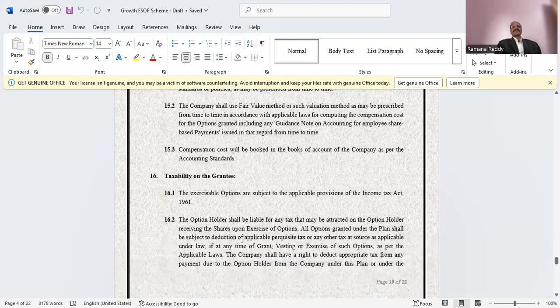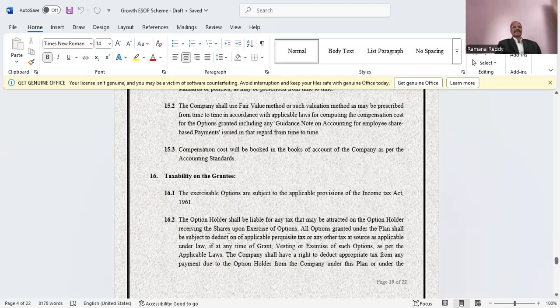Taxability on the grantee: at the time of exercise, this benefit is treated as a perquisite and taxed as per the Income Tax Act. After that, once options are converted into shares upon exercise and the employee sells the shares, the tax will be as per the holding period, depending on the capital gain.